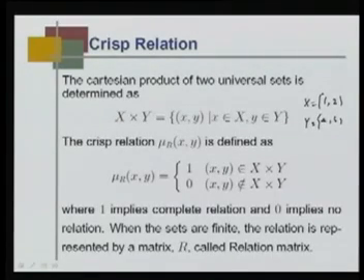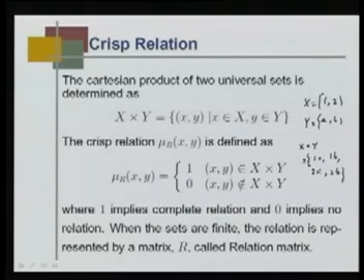So, the Cartesian space is of course X times Y, which is 1A, 1B, 2A and 2B. So, this is your Cartesian product space.